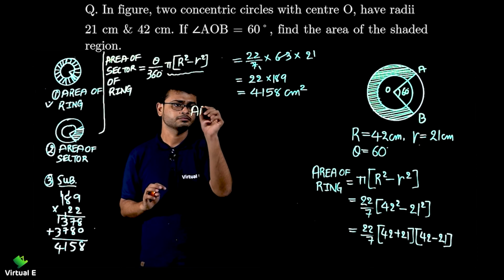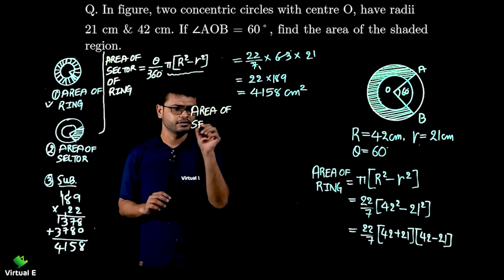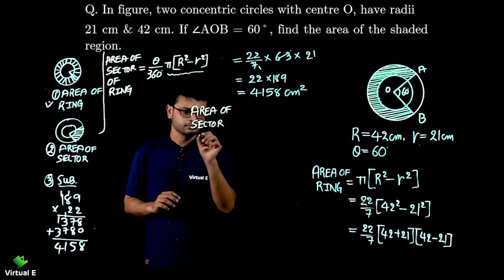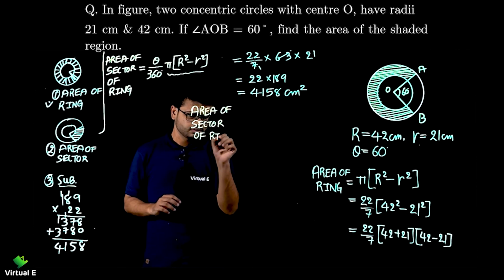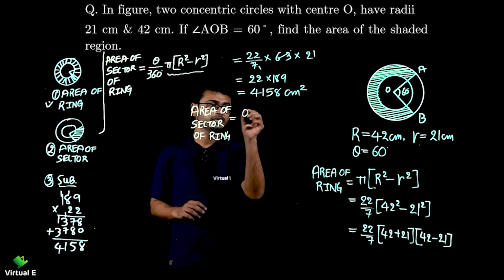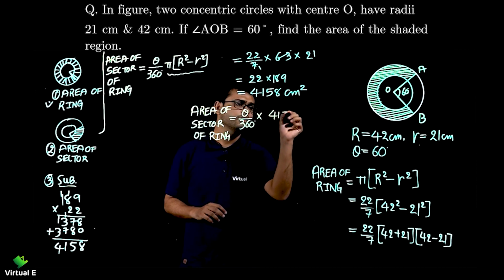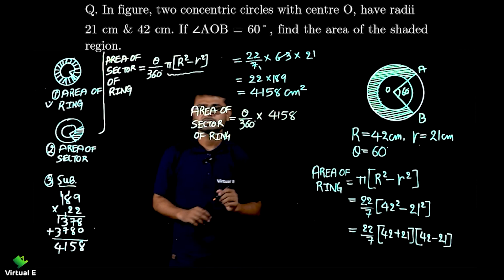So area of sector of ring, that is theta by 360 degree into 4158, simple.